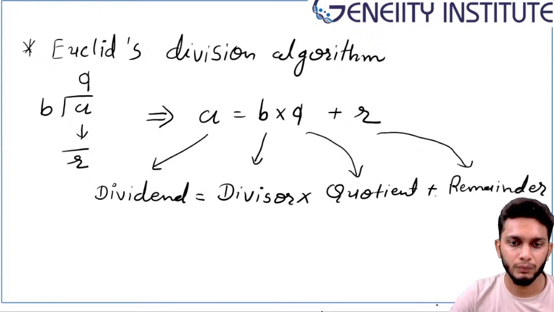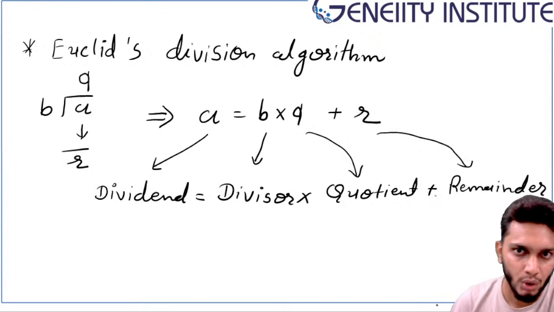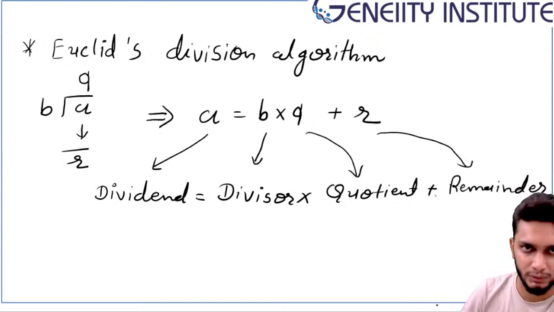Okay, students, it's your Euclid's division algorithm. By using this, you can find the HCF of two numbers. In the last lecture you already learned about this type of example.